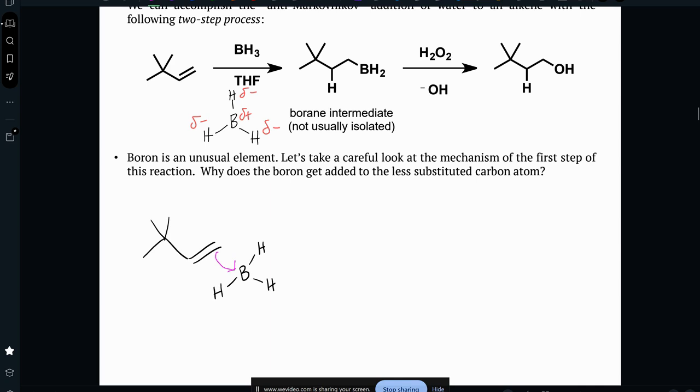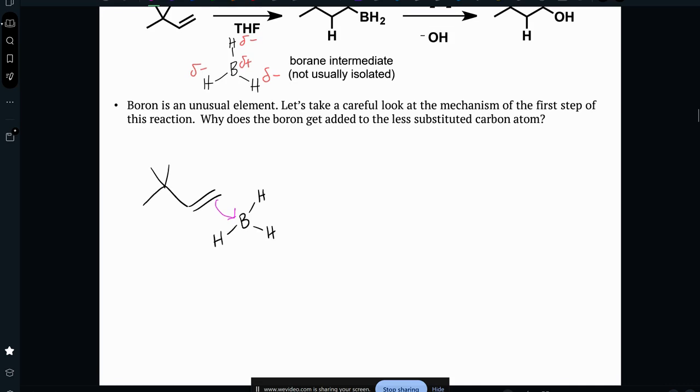That would leave a carbocation at the more substituted carbon, which is what we would want. It turns out a carbocation never actually forms in this case.